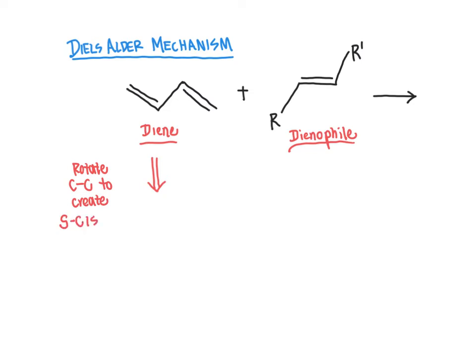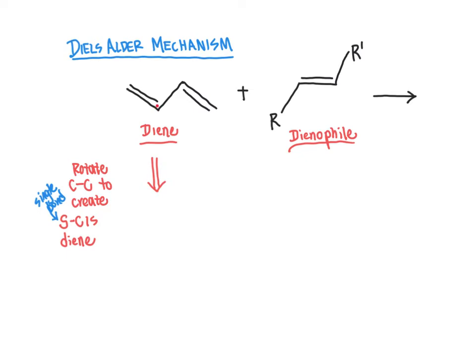S-cis diene. When we say S, what we're referring to by the letter S there is single bond. So a carbon-carbon single bond is what we are rotating around to enable the two alkene groups to be cis to one another. So in our structure above, our two alkene groups are here and here. Right now we would describe those as being trans because one's going up relative to the carbon it's bonded to, the other is going down relative to the carbon it's bonded to.